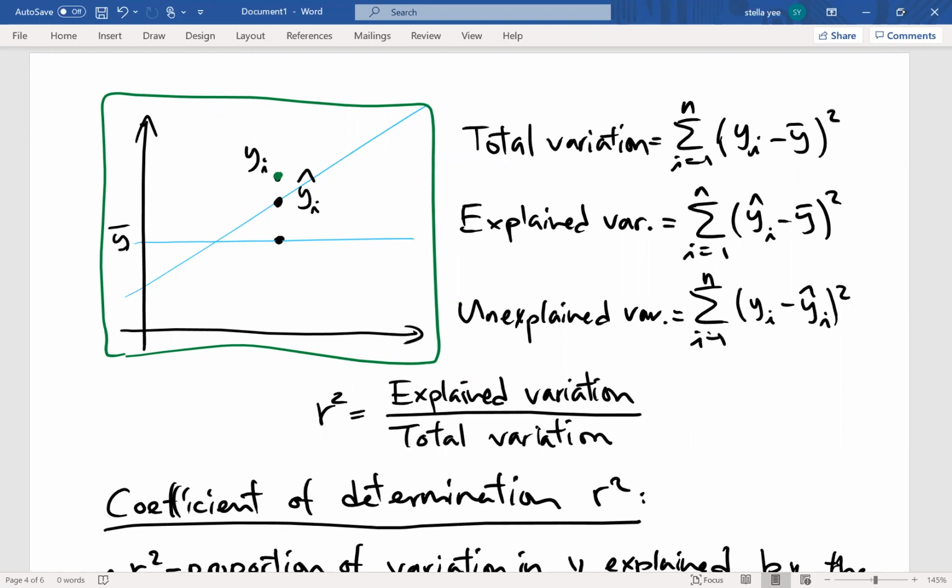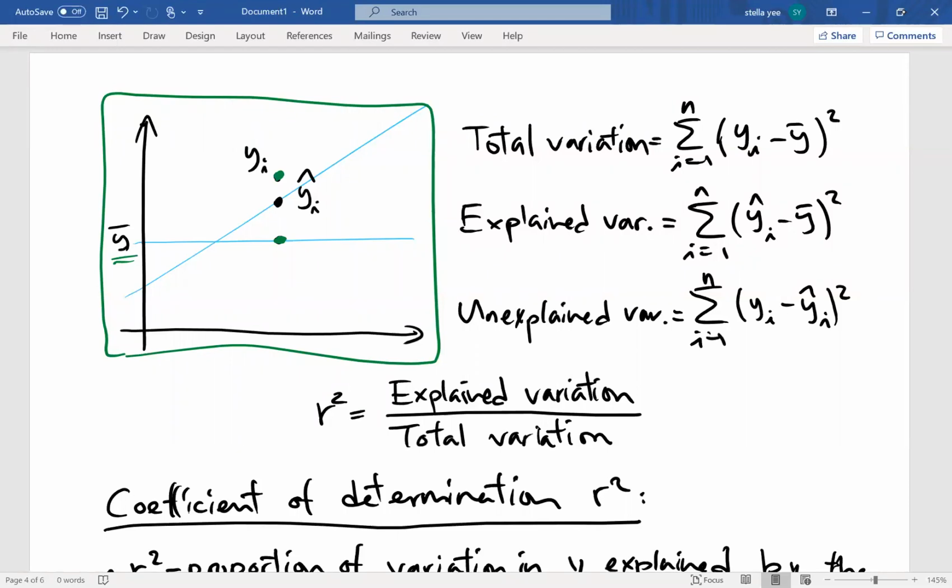Let's say I'm trying to approximate this point yi. If I didn't know anything else about the situation, the best approximation for y is its y bar, because I don't have anything else to go on.